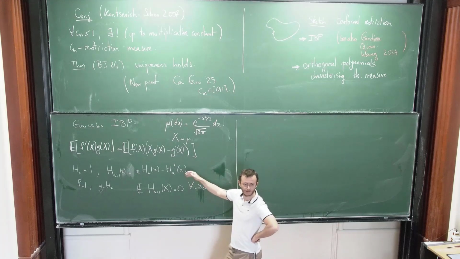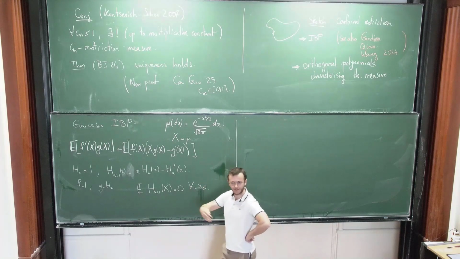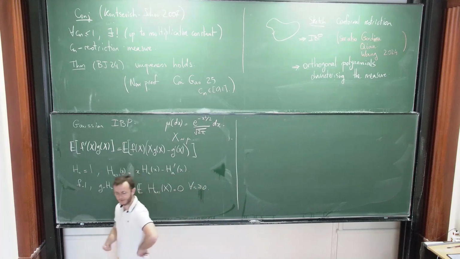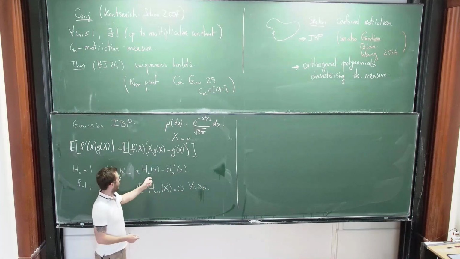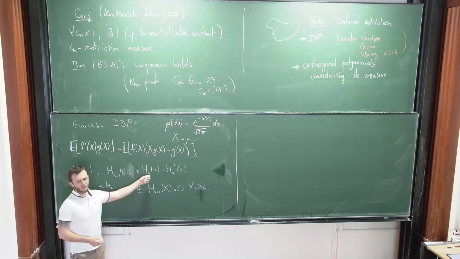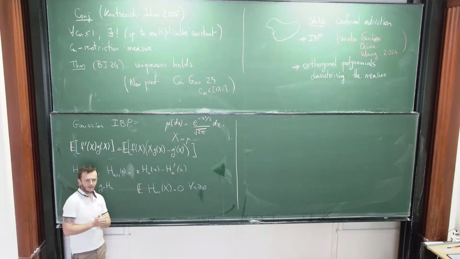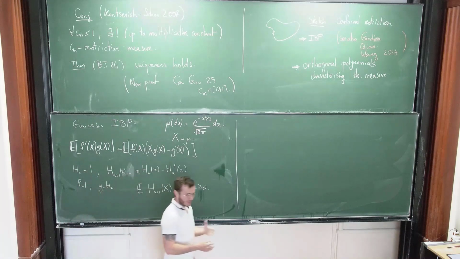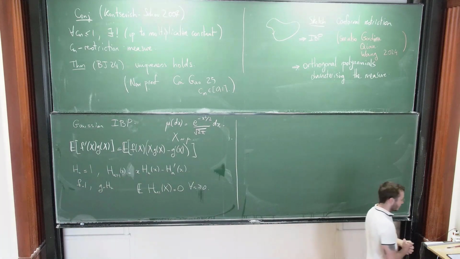What was important here is that the Hermite polynomials span all the polynomials. In this simple example, this is quite clear, because you can directly check that each polynomial has degree n. In our context, it will be a bit more subtle, of course.